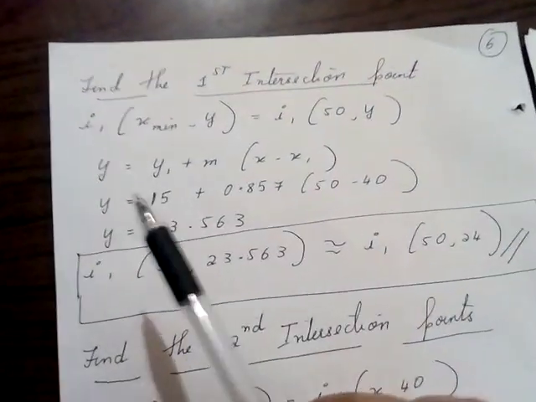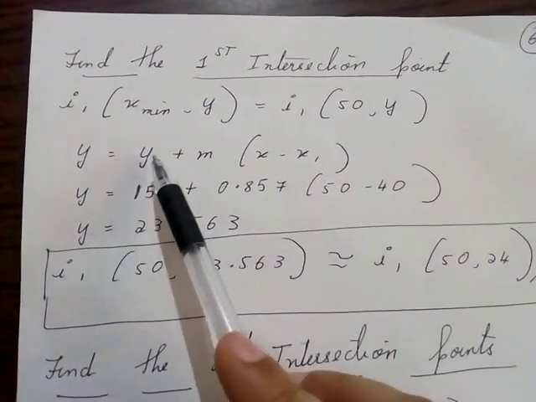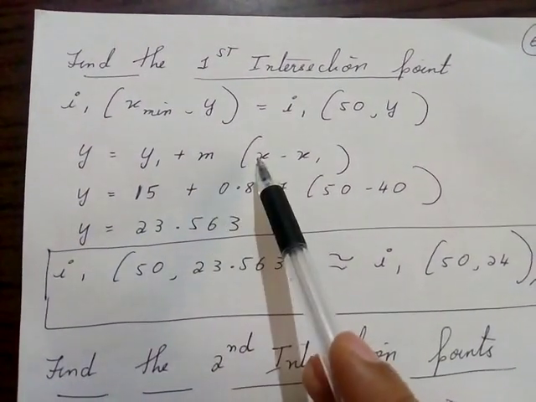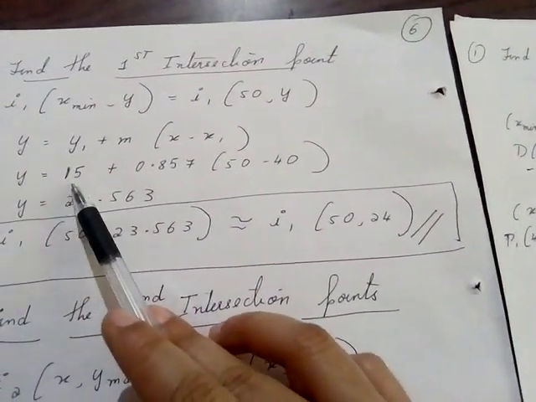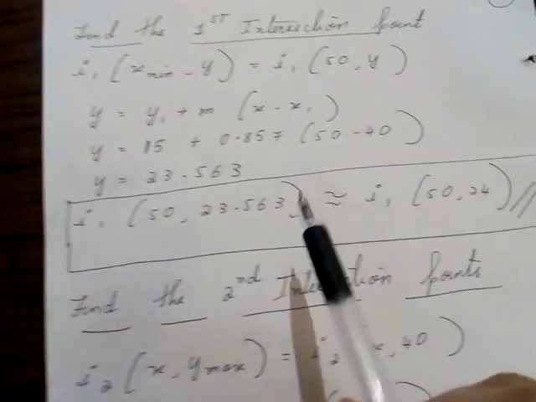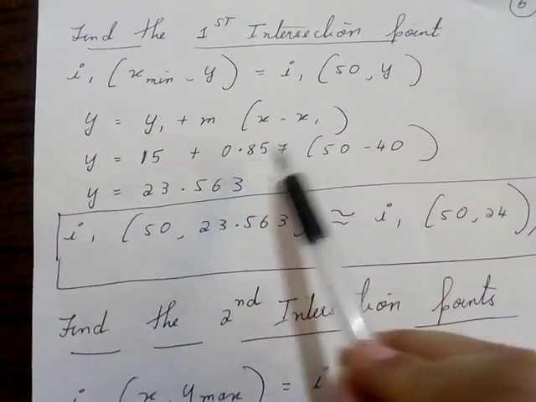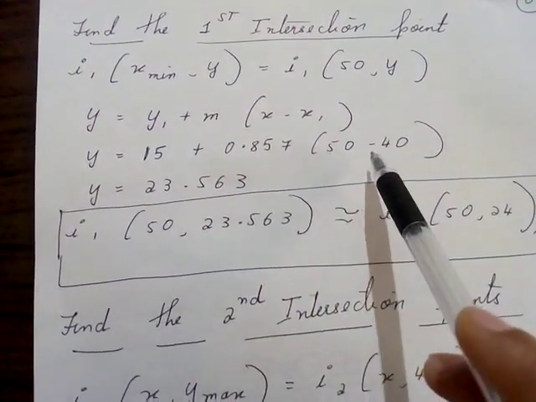So the formula for finding y, which we have already derived previously, is y equals y1 plus m times (x minus x1). Okay, so y1 is how much here? 15. Plus the slope we have already calculated, 0.857, times x, which is x minimum, whose value was 50, minus x1, which is 40.